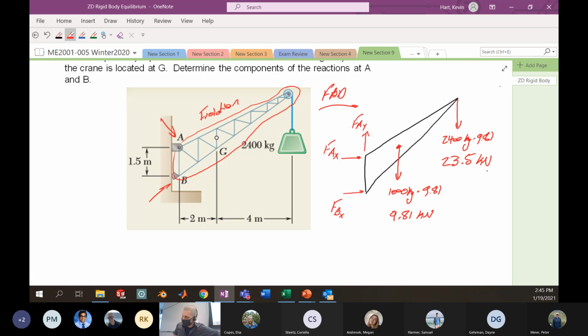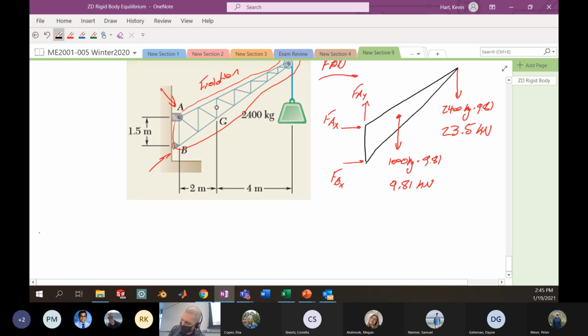So with my free body diagram here, I've got basically everything accounted for. I've got the weight of this piece. I've got the weight of the load that it's lifting. And I've got these 3 reaction forces that are occurring that I want to solve for. So these are the unknowns that I want. We're told that it's not moving, so we have equilibrium.